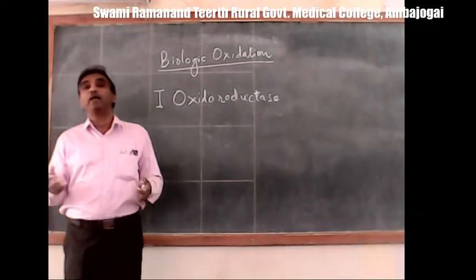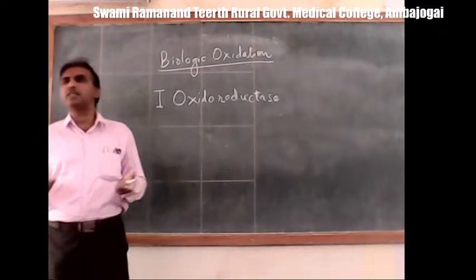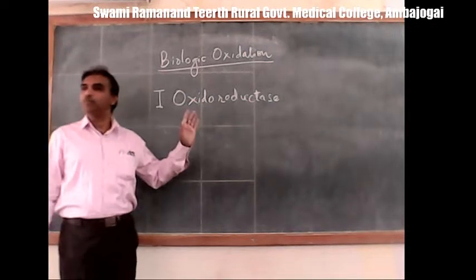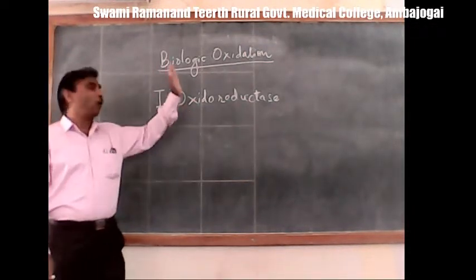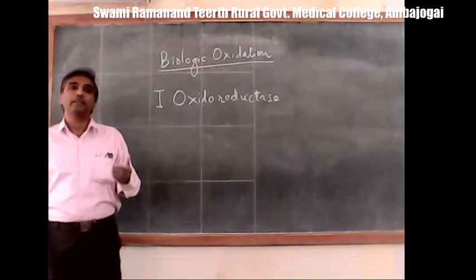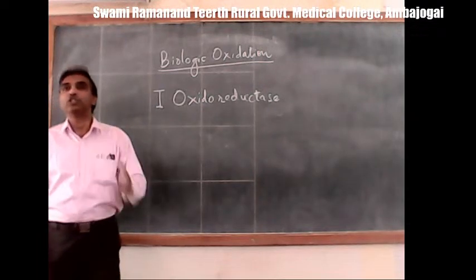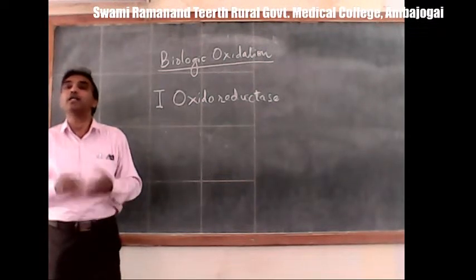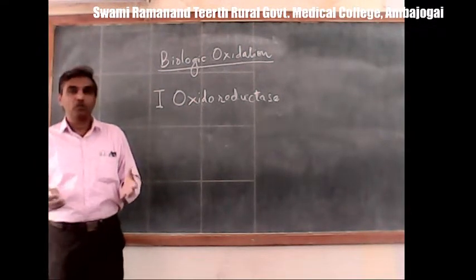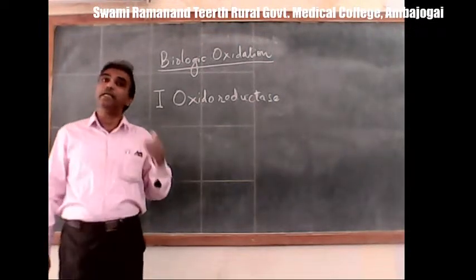What we see if we oxidize any wood, it is just burned out. A human being or living thing doesn't burn out because oxidation doesn't occur at once in a given situation. It is not uncontrolled, it is not just like an explosion. So there are systems in our body where biological oxidation is controlled.